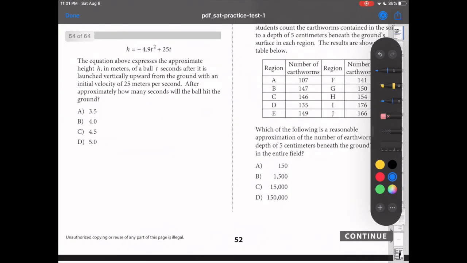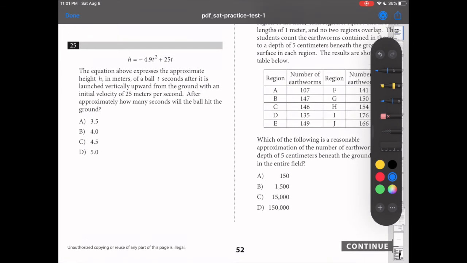Question 25, this is all about physics, just kidding, it's just more linear equations. It's saying when the ball hits the ground, that's going to be h equals 0, of course. All you have to do is set h equal to 0 and solve for t, so 4.9t squared minus 25t is going to equal 0. I just moved these to the other side, and you can just factor out t. t times (4.9t minus 25) is going to equal 0.